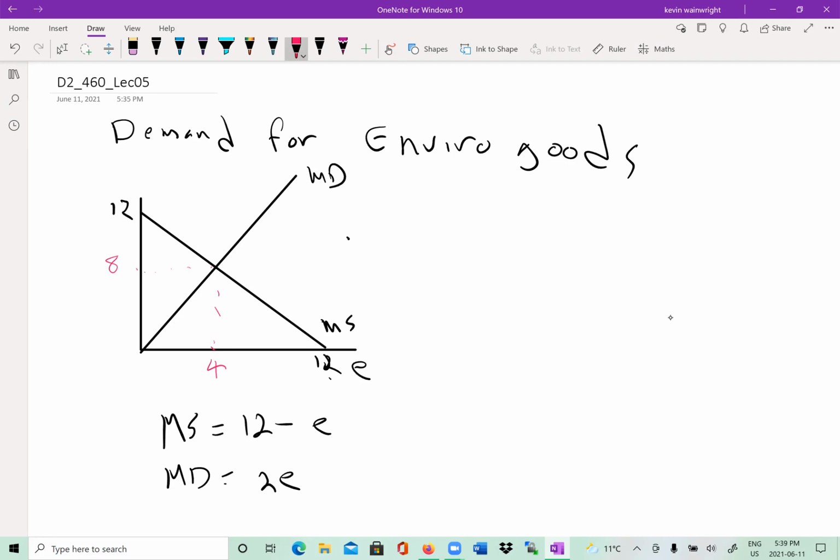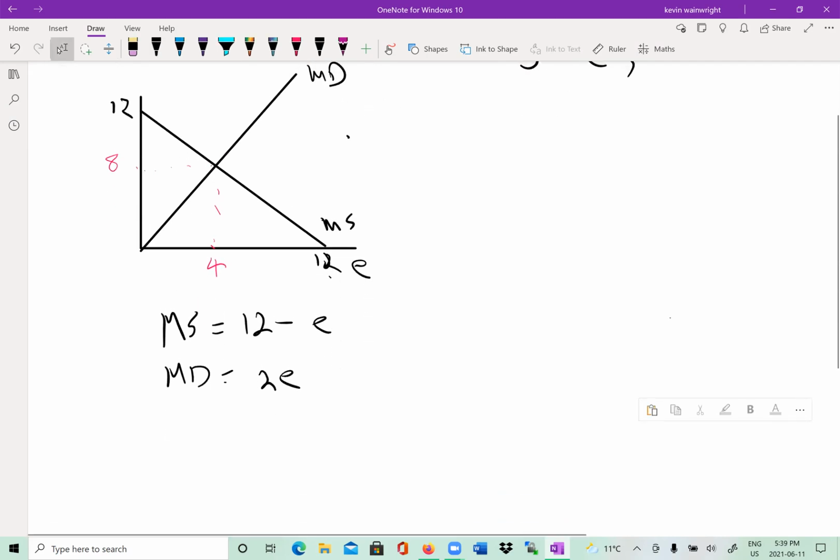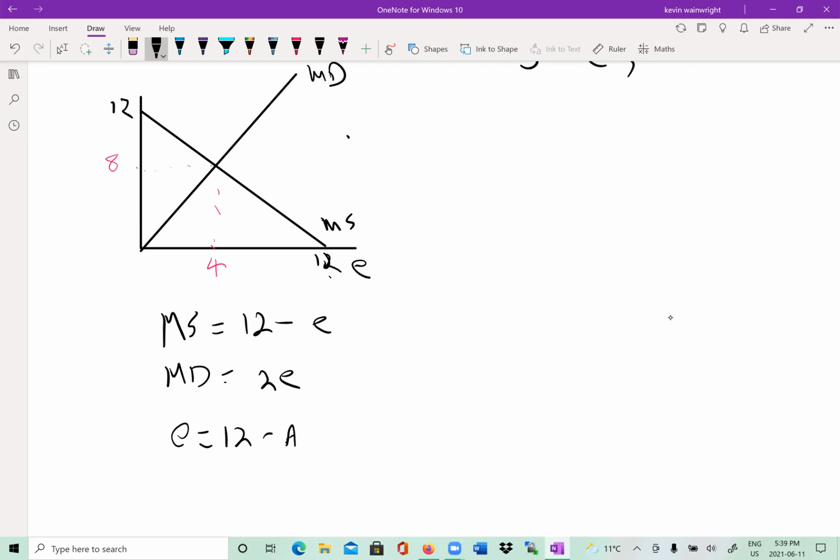So what we can do is define E, emissions, will equal 12 minus abatement A. So if I substitute that into the marginal savings, I get marginal savings equals 12 minus E, 12 minus 12 minus A. Marginal savings is simply A. Marginal damage, we said, was equal to 2E, which is equal to 2 times 12 minus A, right?